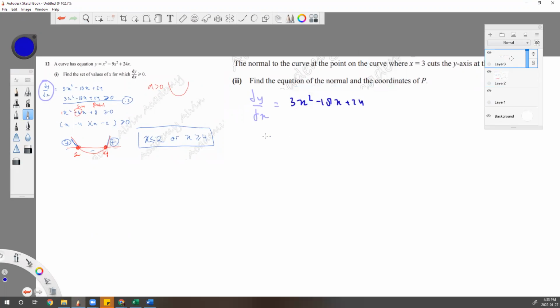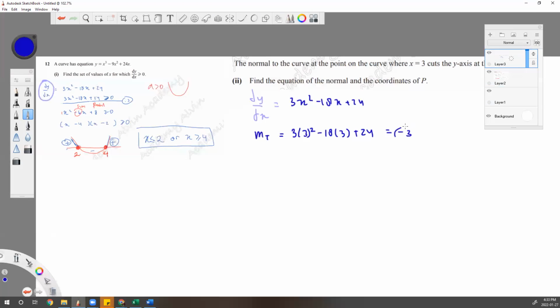When x equals 3, the gradient of the tangent is 3 times 3 squared minus 18 times 3 plus 24. That is 27 minus 54 plus 24, which is negative 3.